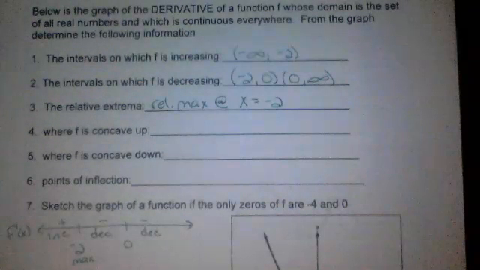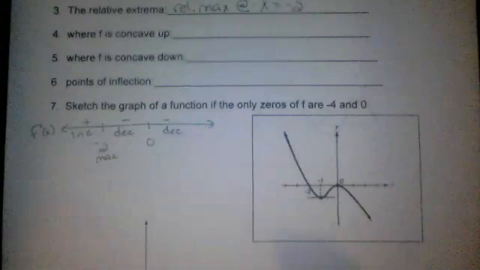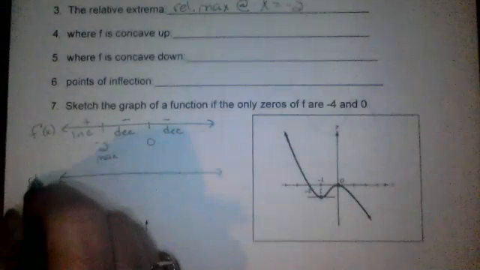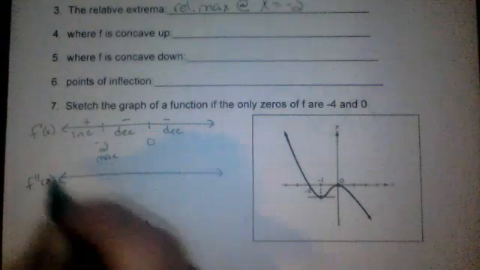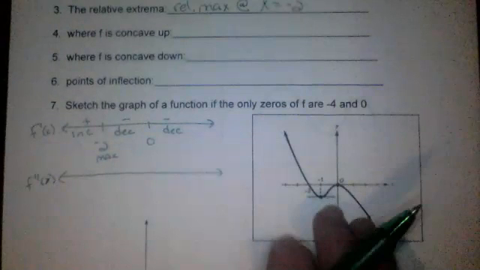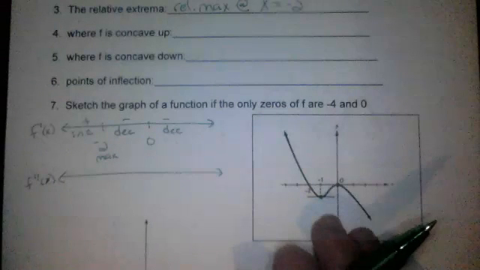All right, then for concavity, we need our second derivative. And so I'm going to make a second derivative number line as well. On this second derivative number line, we're going to be looking at this and trying to determine the derivative of this graph, because this one is our first derivative.